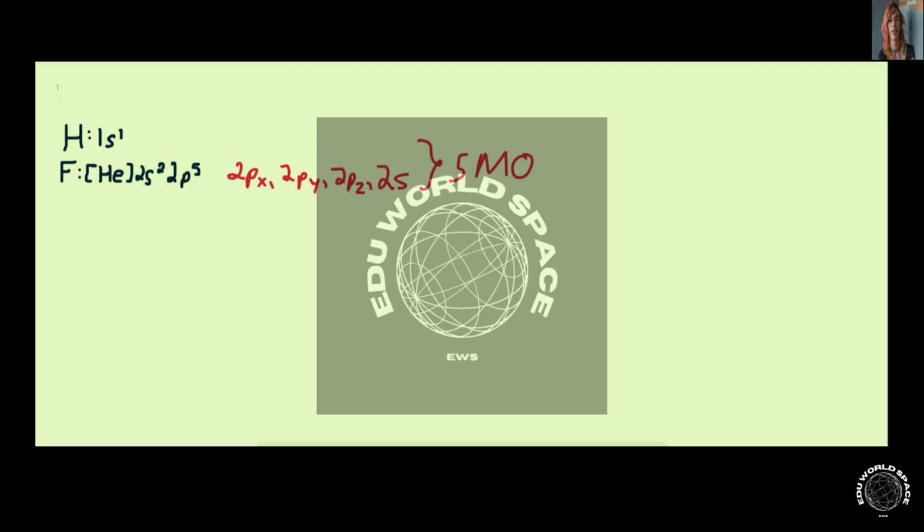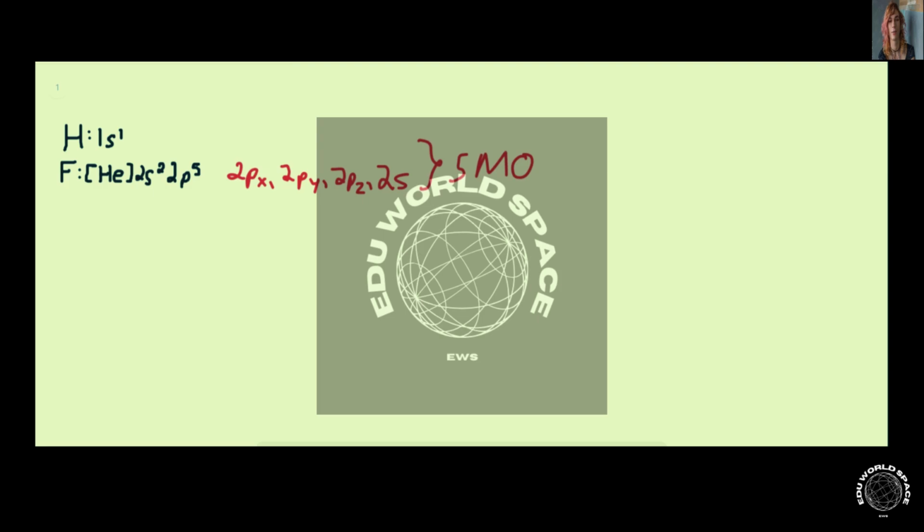So there would be 8 total electrons in HF. Those 8 electrons would be filled in 4 of the 5 molecular orbitals, because 2 electrons can fill a molecular orbital, so you're going to fill all 4 of your orbitals before you hit that 5th orbital.